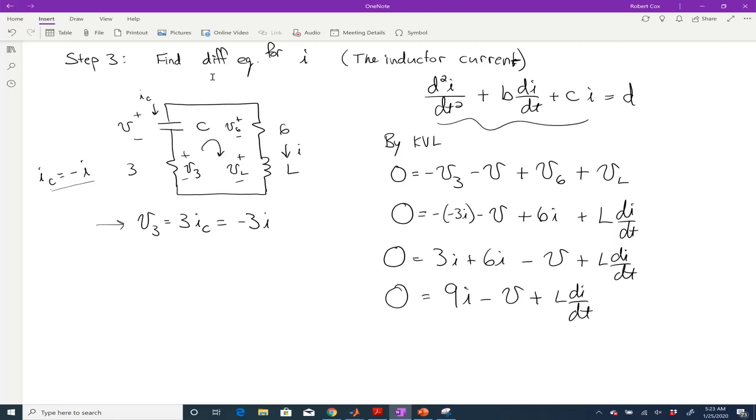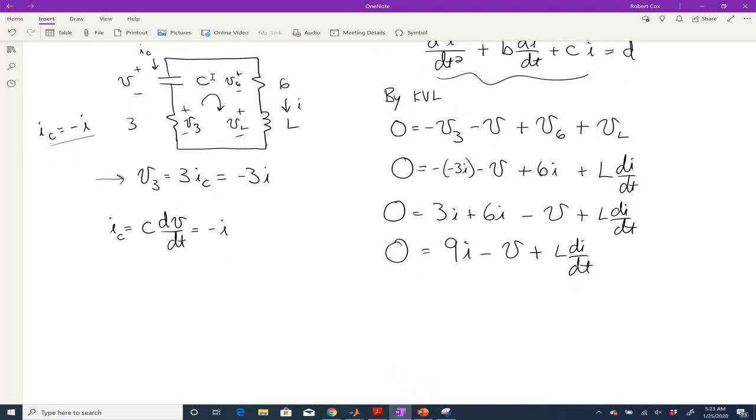So I need to relate the capacitor voltage. Well, we know IC equals C dV/dt. But again, because IC is going the opposite direction of I, IC is equal to minus I, so I can rewrite that like this.